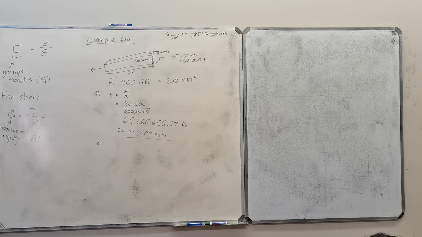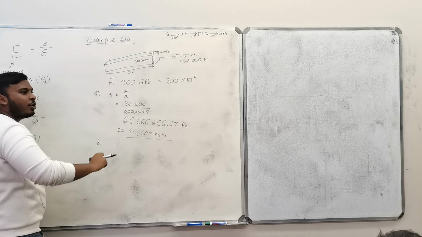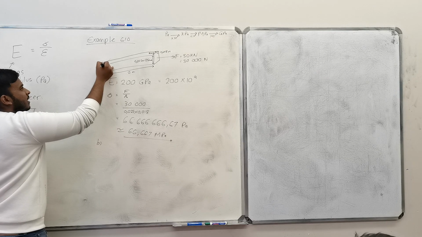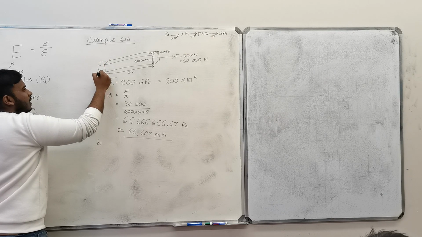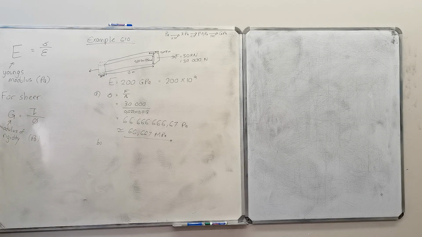Then they want to know what the final length is due to the tensile force. Remember, when this force acts on this object, it's a pulling force. It's going to cause this object to go longer, so its length is going to increase by delta x.